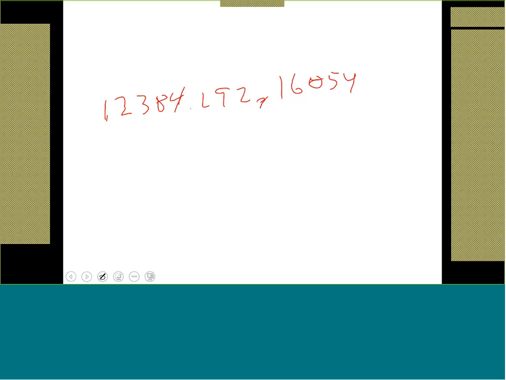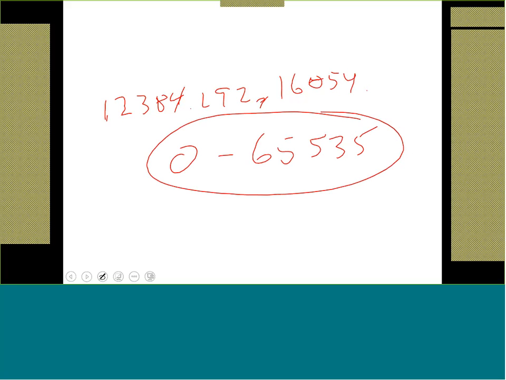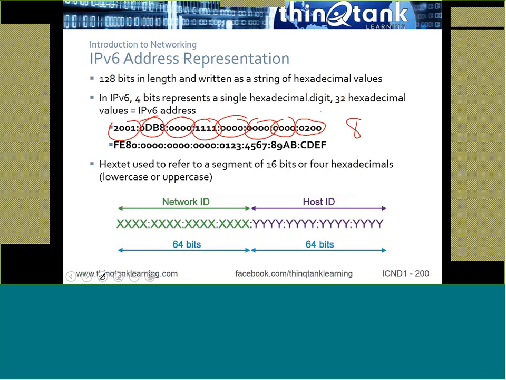Yeah, you could do it that way. Because, by the way, 16 bits means 0 to 65,535. So any number in that range would fall within that 16-bit block. But it's actually easier to represent the address in hexadecimal format.